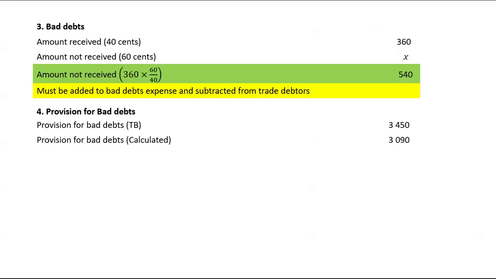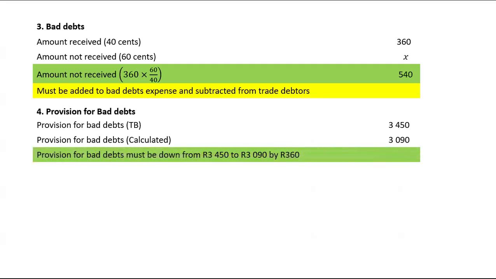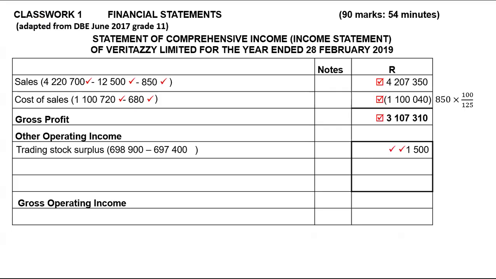You'll notice the one in the trial balance has to go down to that 3,090, which will result in income. And the income will be 3,450 minus 3,090, which will be 360. We are adjusting it down. Adjustment down is recorded as income. When we adjust down provision for bad debts, that adjustment will be income, and it will be recorded under other operating income as provision for bad debts adjustment. It will be 360.